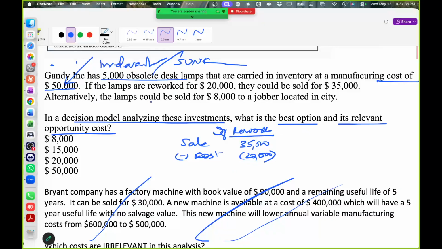Then another option is I can sell it directly. If direct sale, 8,000, no cost. What is the best option and what is its opportunity cost?